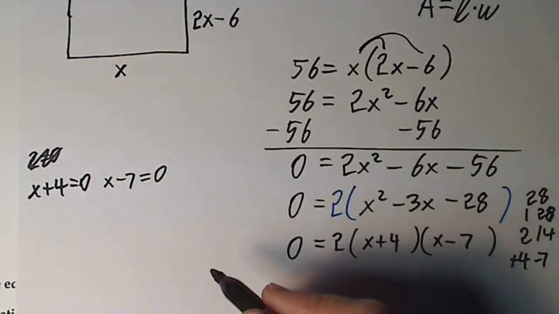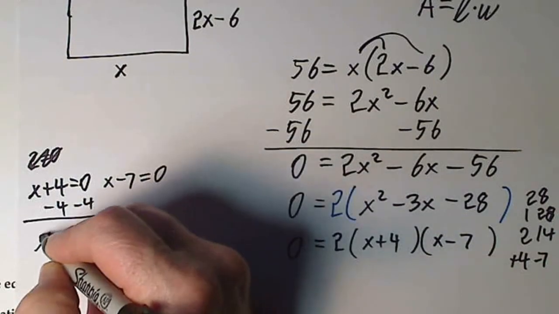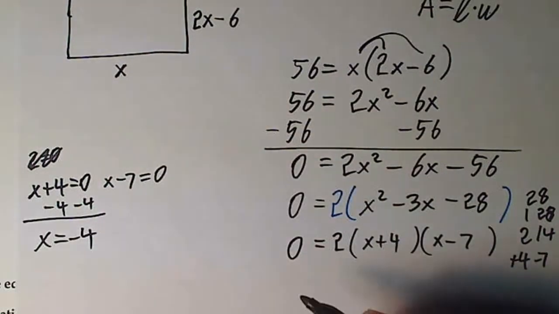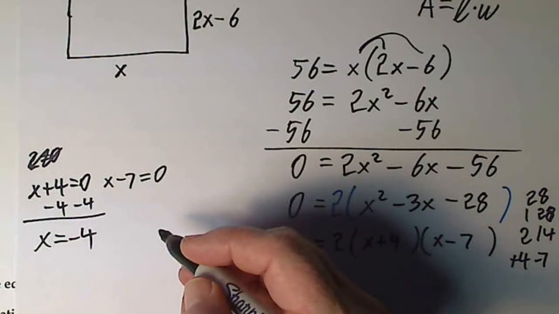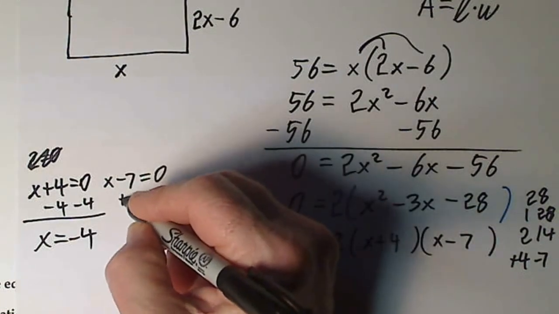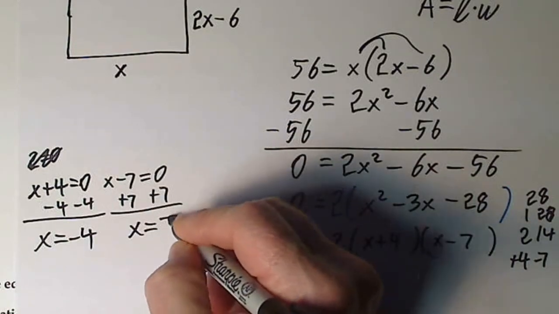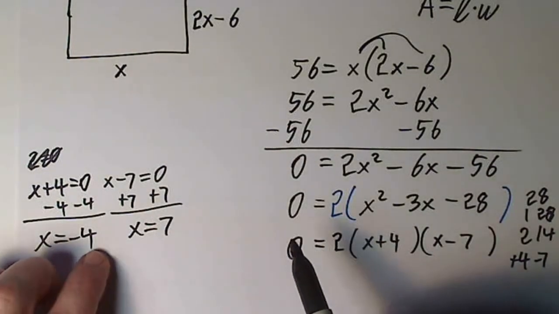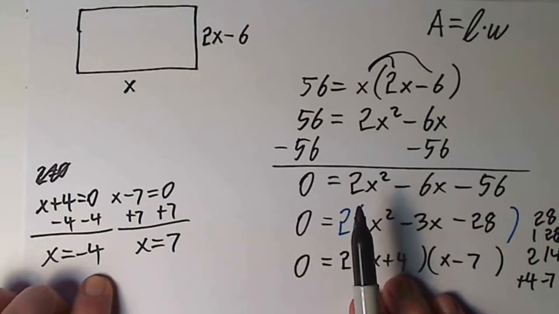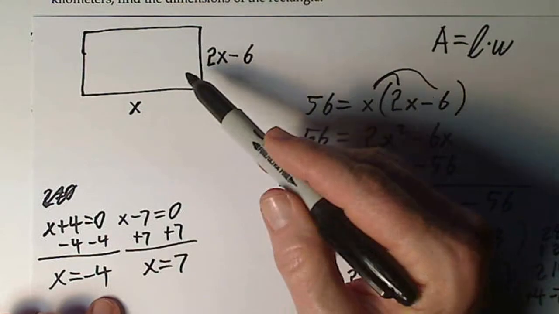Get rid of your 4, you get x equals negative 4, and get rid of your negative 7, you'll say plus 7 and plus 7, you'll get x equals 7. And now notice that when we made these variables, we're talking about length here.